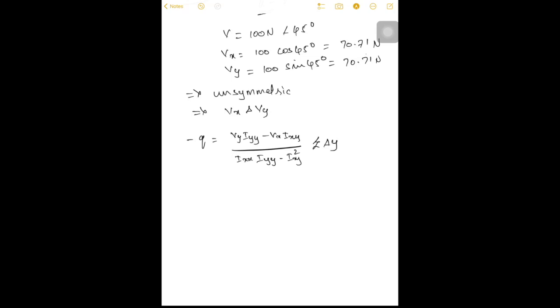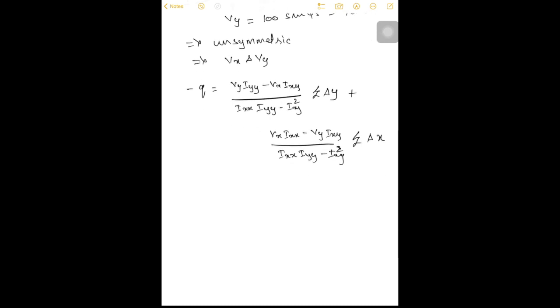This is for the idealized section, so we have to write the summation of A into y plus (Vx Ixx minus Vy Ixy) divided by (Ixx Iyy minus Ixy square) into summation of area into x.